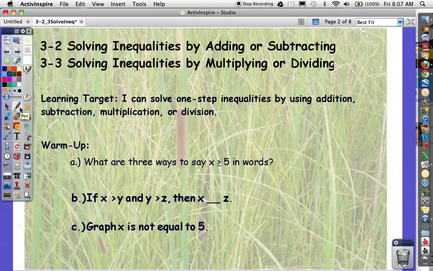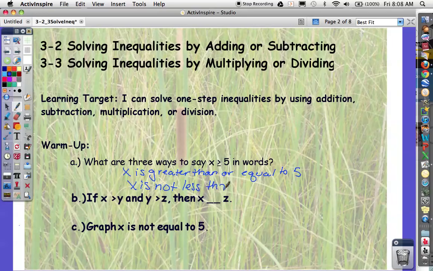For the first warm-up problem, what are 3 ways you could say x is greater than or equal to 5? You could say x is greater than or equal to 5. You could also say x is not less than 5.